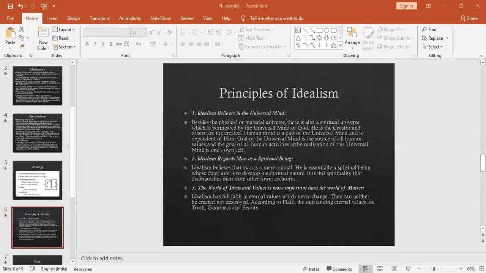We have already seen philosophy. What are the things related with philosophy? The one important thing is truth, right? Since truth is perfect and eternal, it cannot be found in the world of matter, which is both imperfect and constantly changing. This is idealism, right?